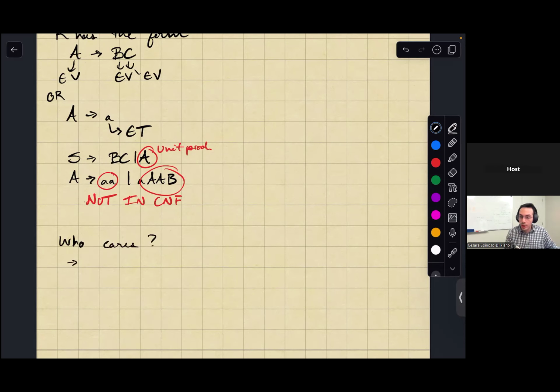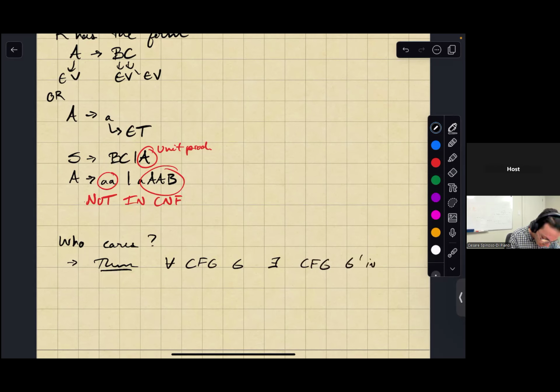Well, there's in fact a very important theorem which says that for every context-free grammar G, there exists a context-free grammar G prime in Chomsky normal form, which generates the same exact language.